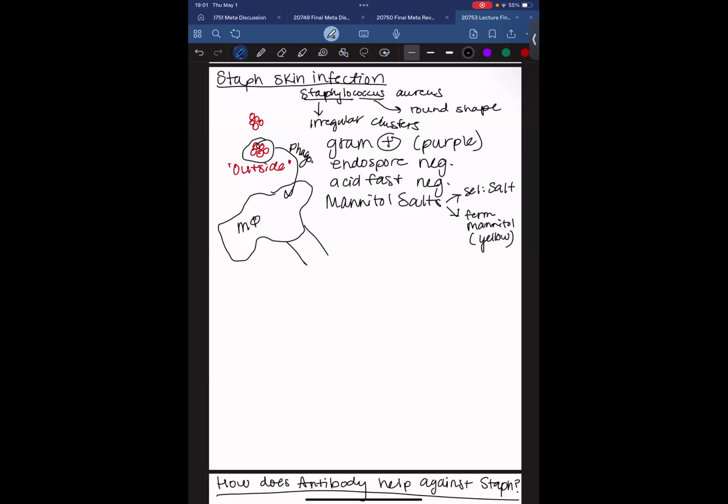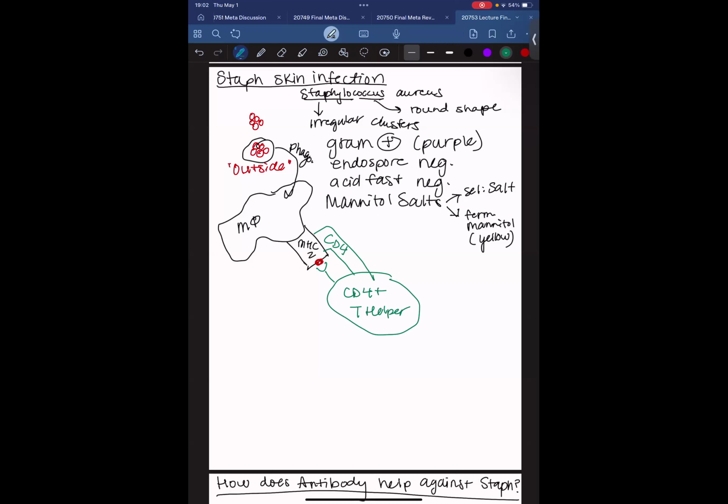And because it came from outside, it'll be expressed on MHC2. We already know this. Here's some staph antigen on the surface. This will be recognized by a CD4 positive T cell. We've gone over this enough that I'm not going to go over all the details again. But this is CD4 that recognizes that.